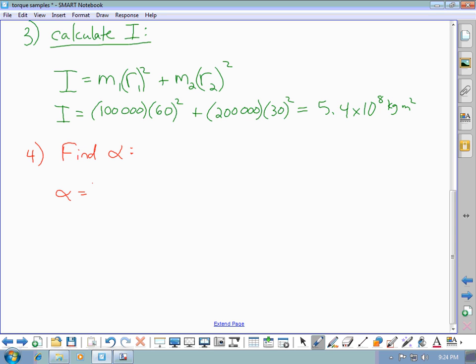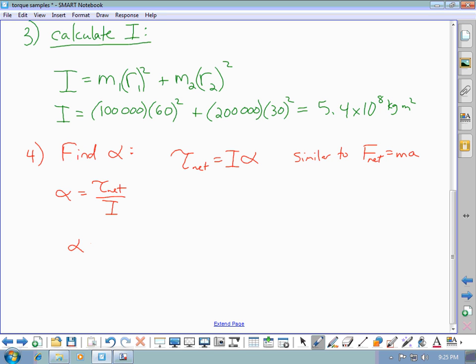The angular acceleration equals the net torque divided by the rotational inertia. Again, we have net torque equals rotational inertia times angular acceleration. That's just like net force equals mass times the linear acceleration. So torque plays the role of force, rotational inertia plays the role of mass, angular acceleration plays the role of linear acceleration.